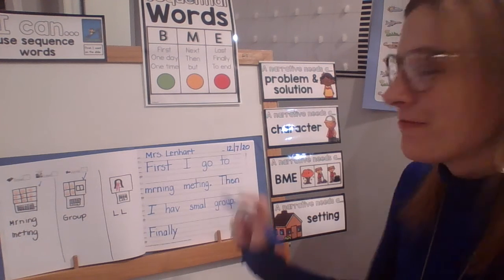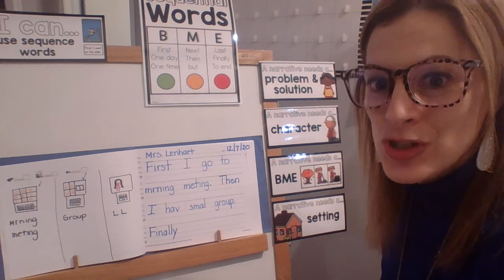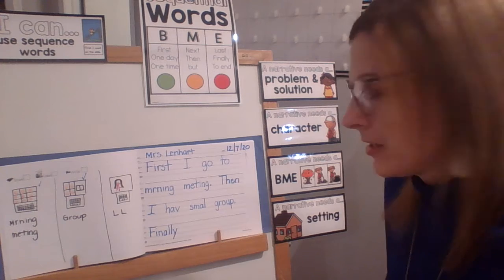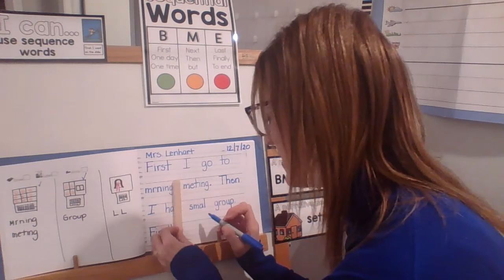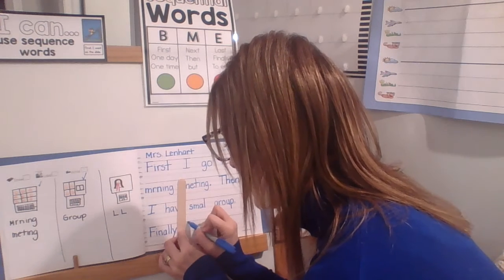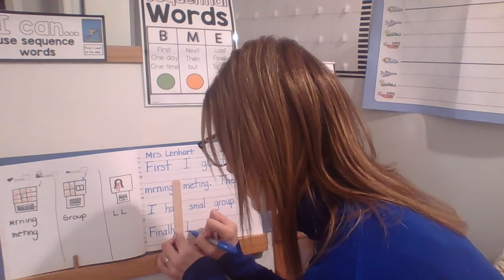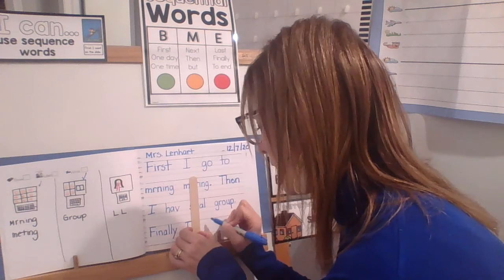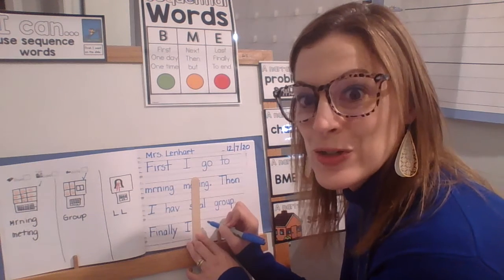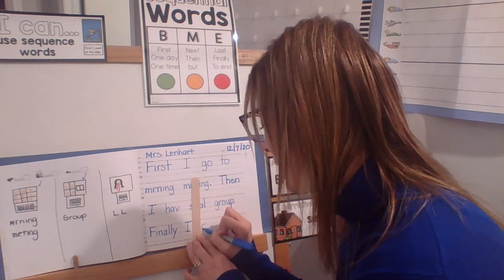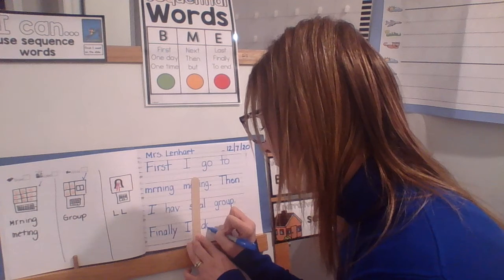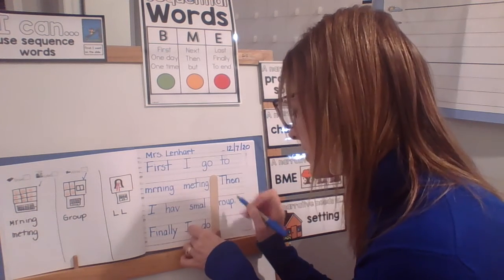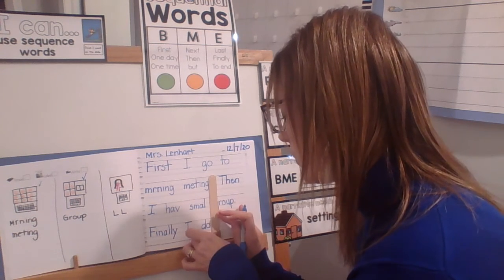I think I'm going to say finally, I do Lincoln Learning. Okay, so I'm going to put my space stick right here. Finally, okay, I'm going to do a space stick. Do, this is a rainbow word, D-O. Now, space, Lincoln Learning.